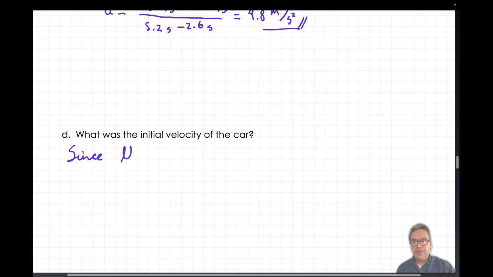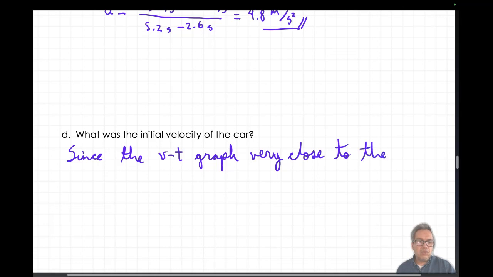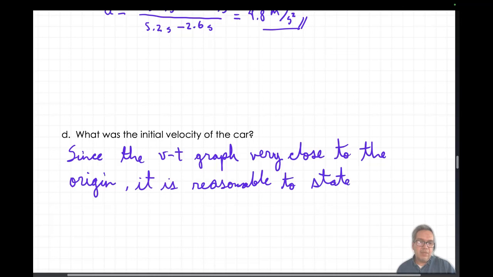Since the VT graph passes very close to the origin, it is reasonable to state that the velocity at time equals 0 is 0. The car is starting from rest.